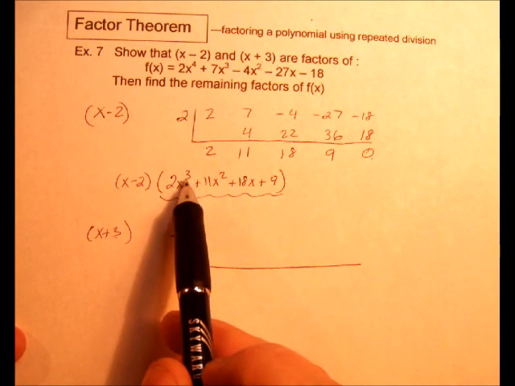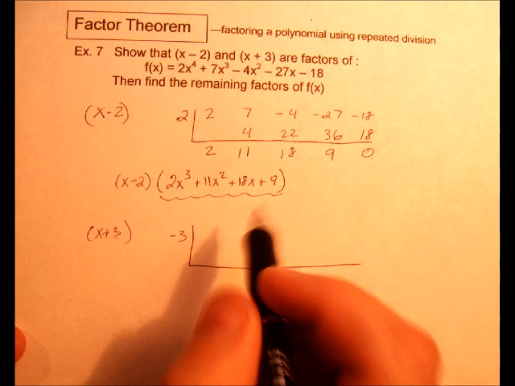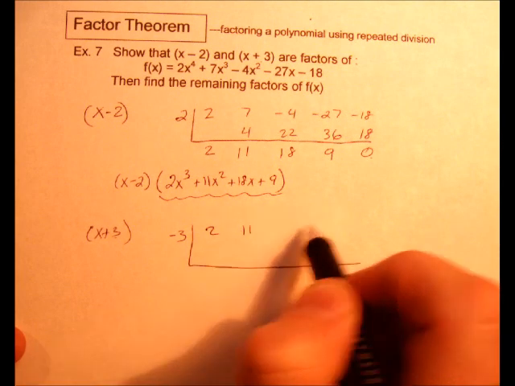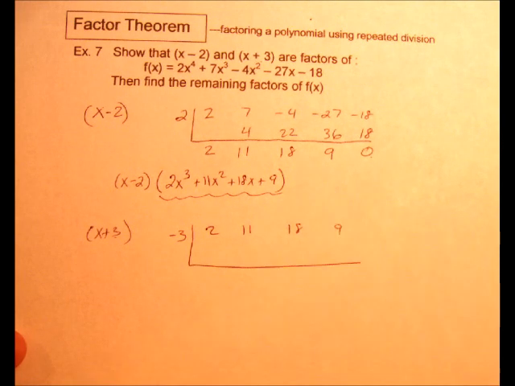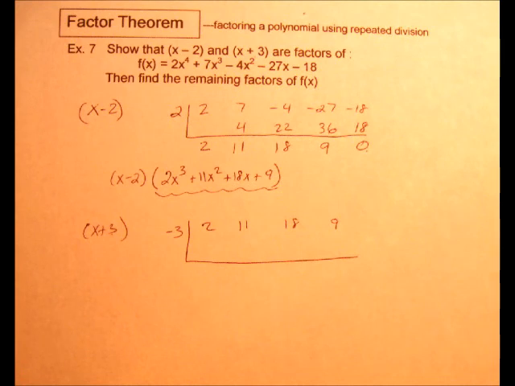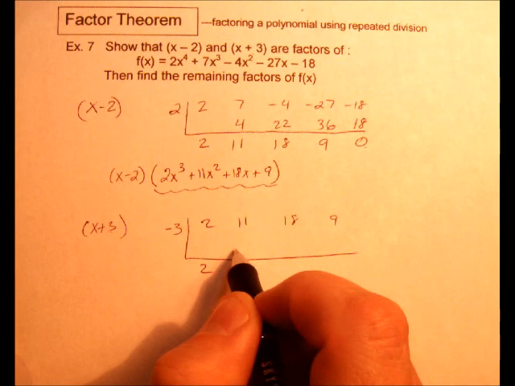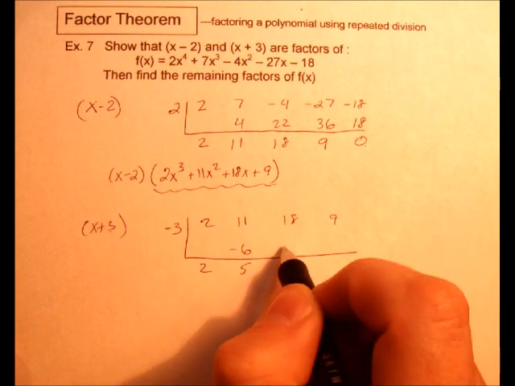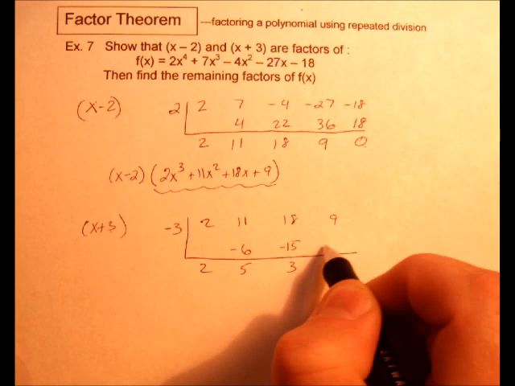All the powers, let's check them. 3, 2, 1, nothing. So we know they're all accounted for. So we just write in the coefficients out in front and drop it, multiply, add, multiply, add, multiply, and add.